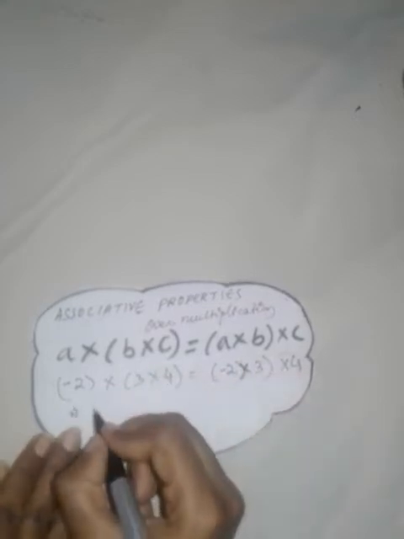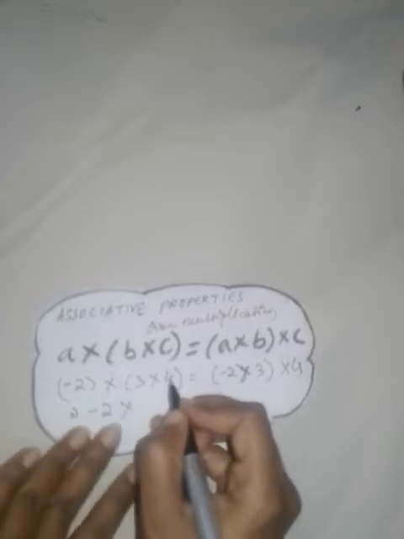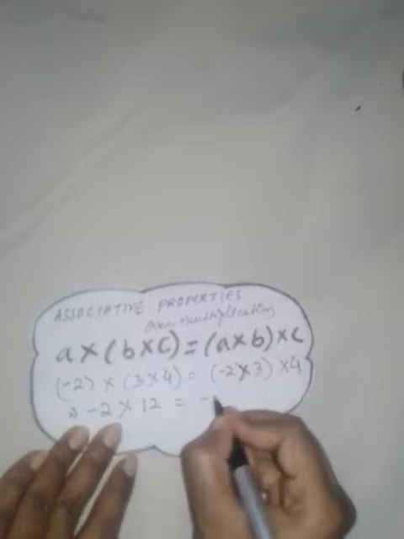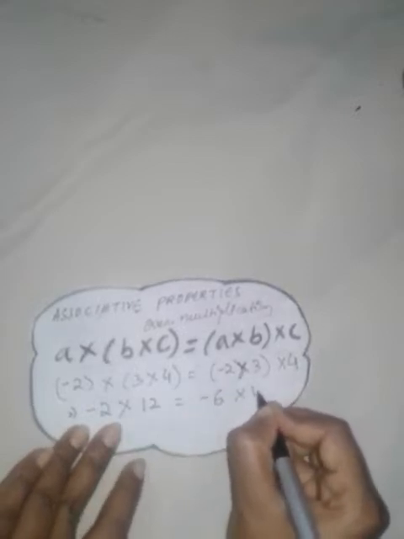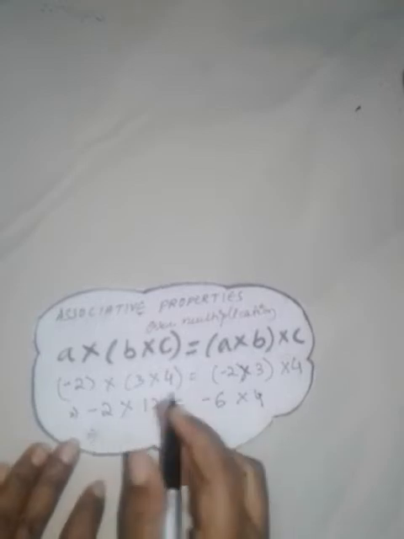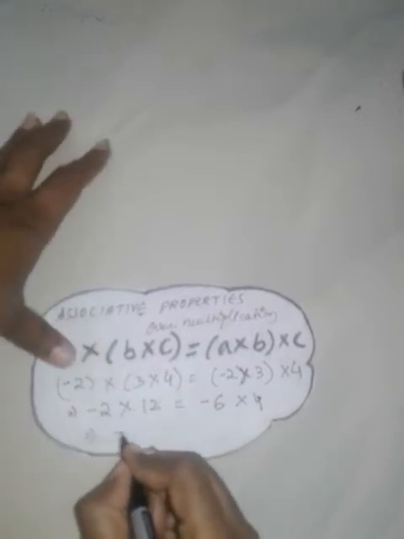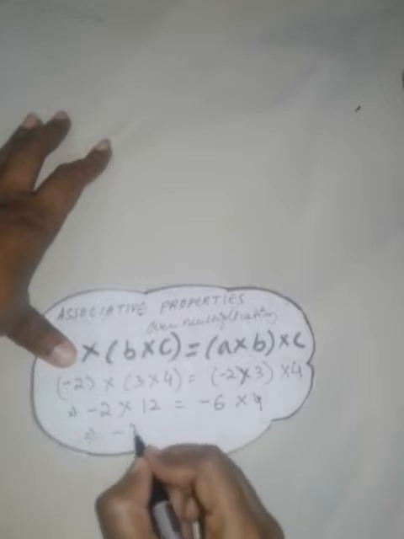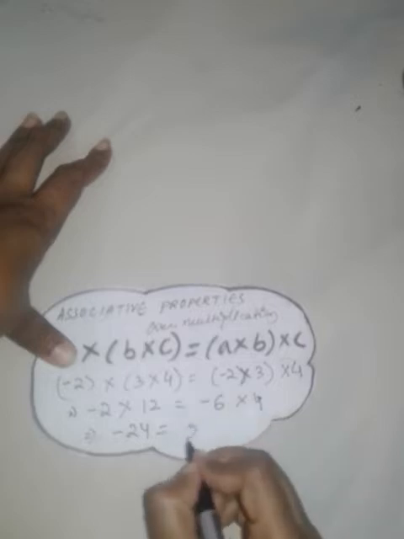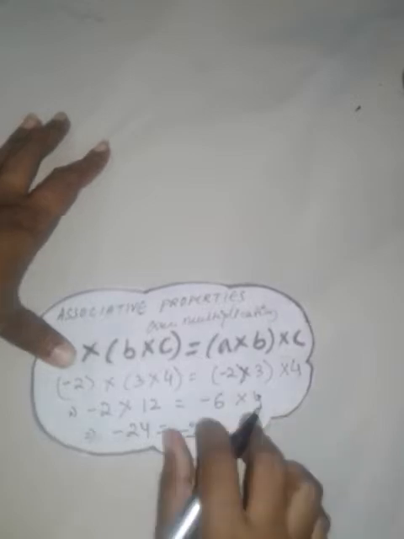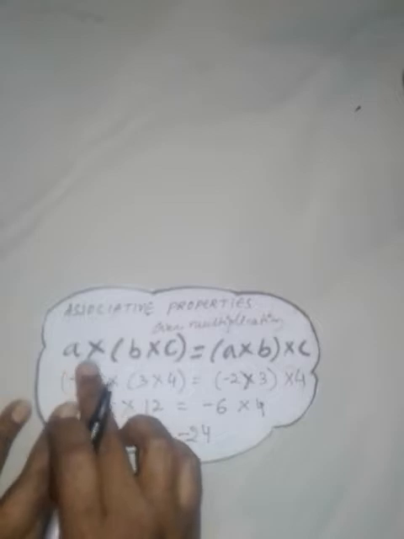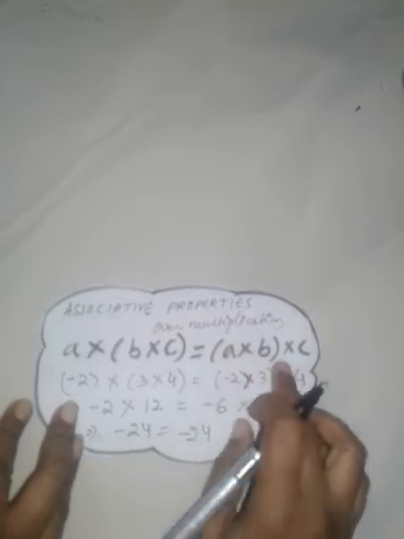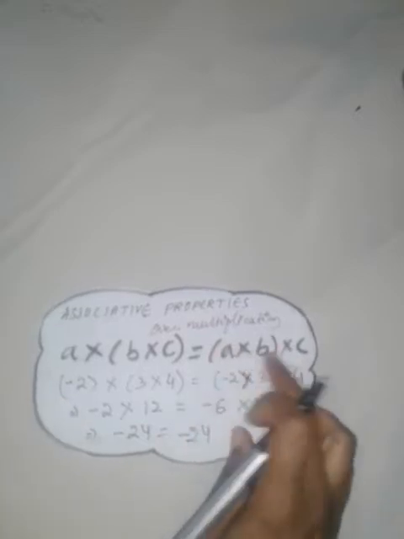Then solve the bracketed part first. 3 into 4 is 12, minus 2 into 12 is minus 24. Minus 2 into 3 is minus 6, into 4 is minus 24. What will be its sign? Negative. So the associative property of multiplication is A into in bracket B into C is equal to in bracket A into B, into C.